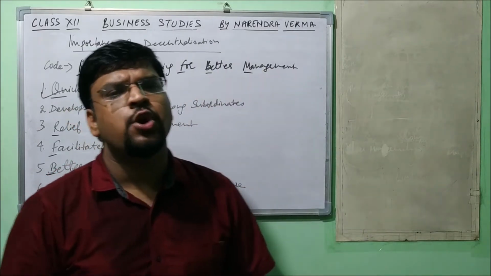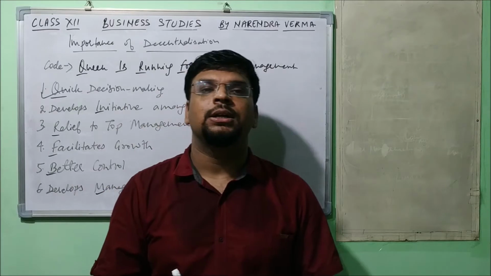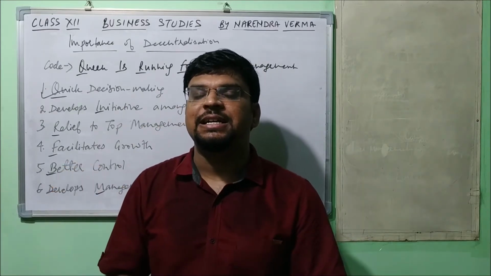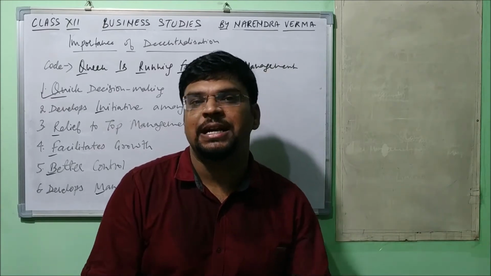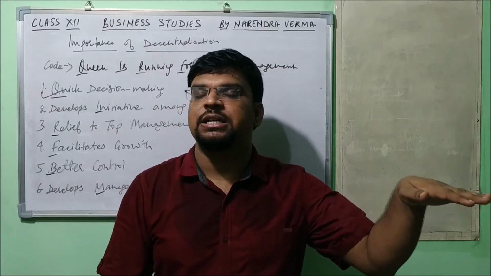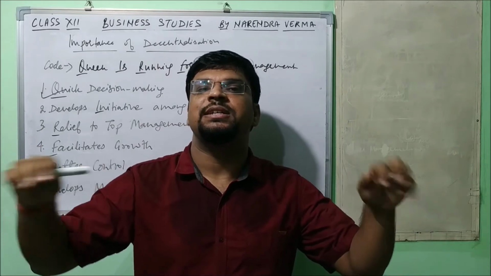I have already explained it to you. Okay, see, you will have to compare one organization which is exercising decentralization with another organization which is exercising centralization. Suppose organization A is exercising centralization, and organization B is exercising decentralization.